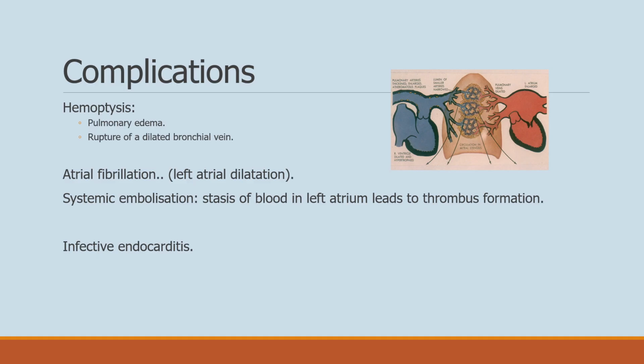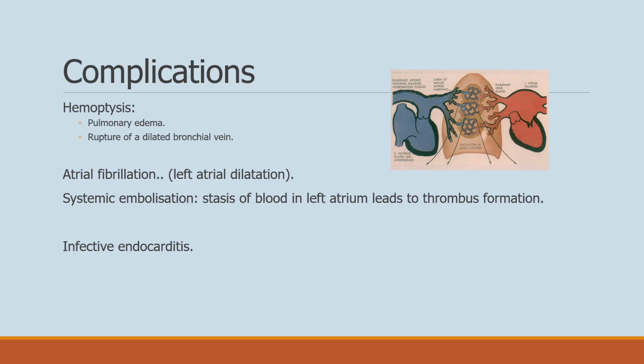And with stasis and the lack of contraction, plus the presence of the mitral stenosis and the blood not emptying well from the left atrium, you develop thrombus in the left atrium. And we'll see in a minute where this happens.